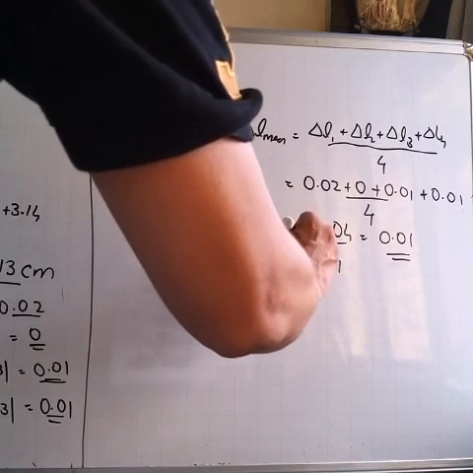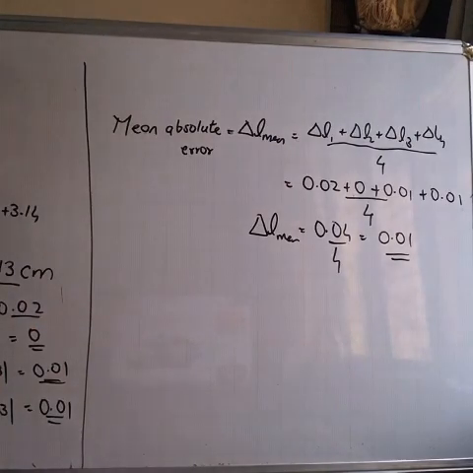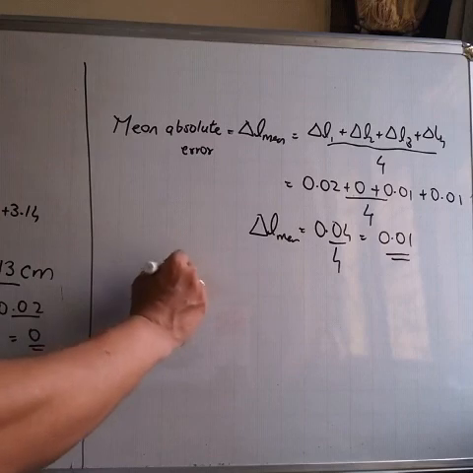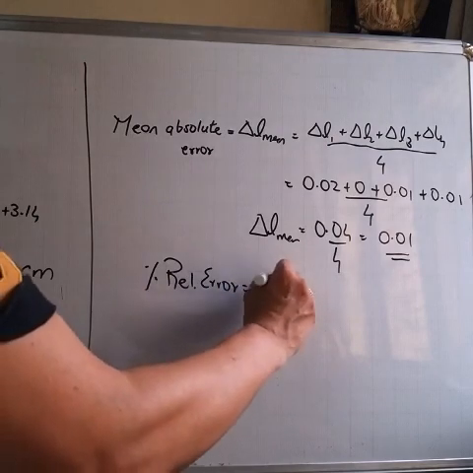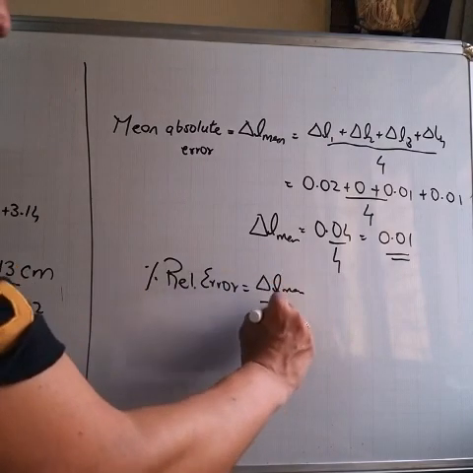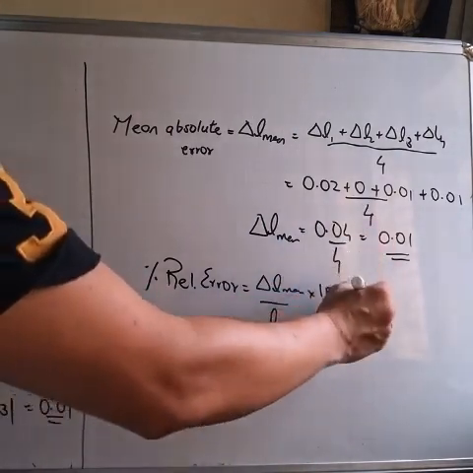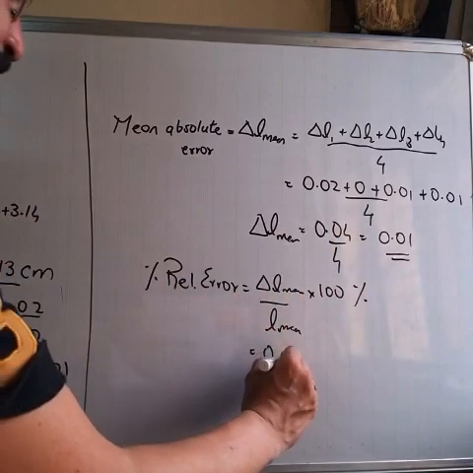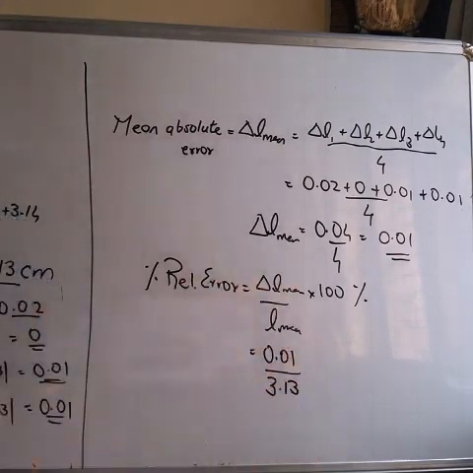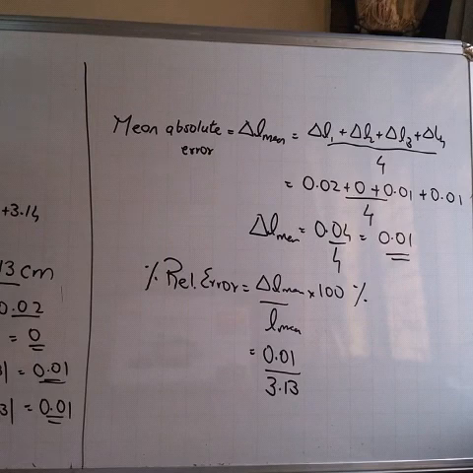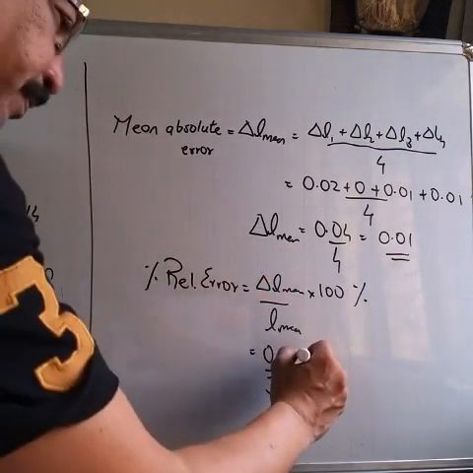Now finally, what you have to find? Percentage relative error. Percentage relative error will be delta L mean upon L mean into 100%. So 0.01 divided by 3.13, into 100.